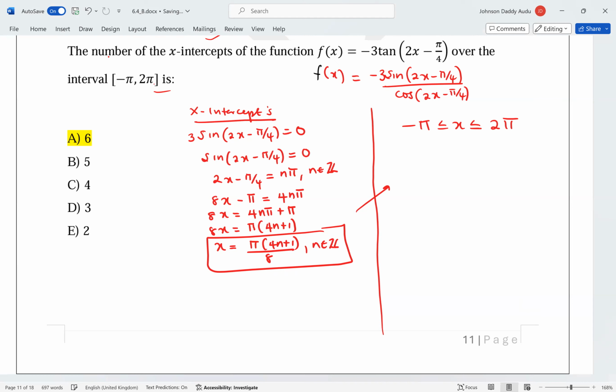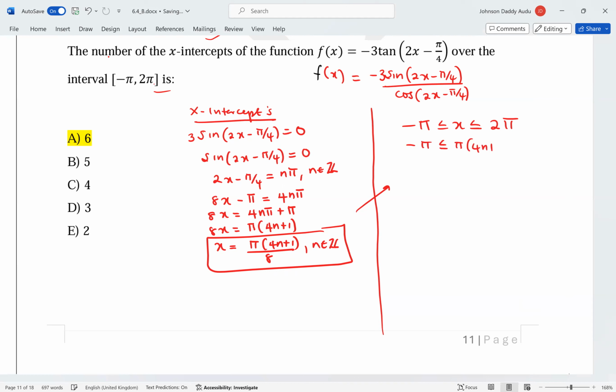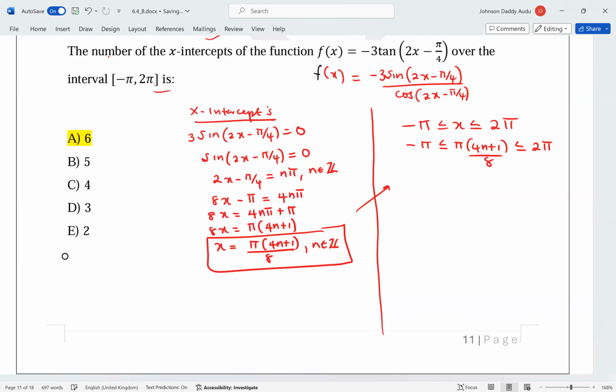So algebraically, minus pi is less than or equal to x, which is pi times (4n plus 1) over 8, less than 2 pi.